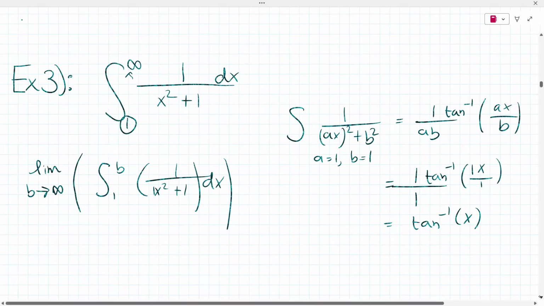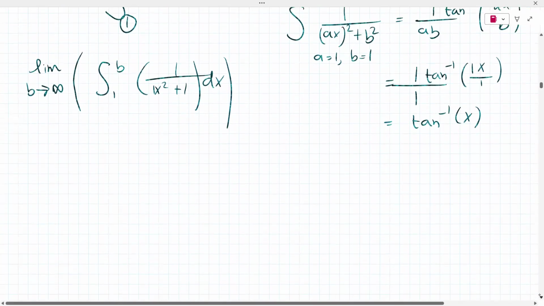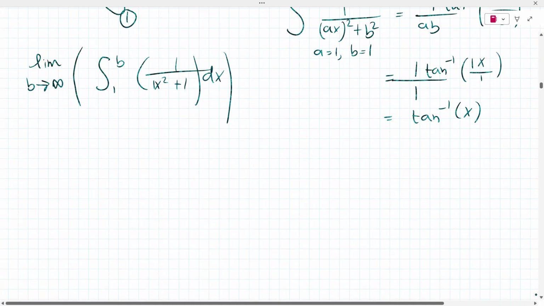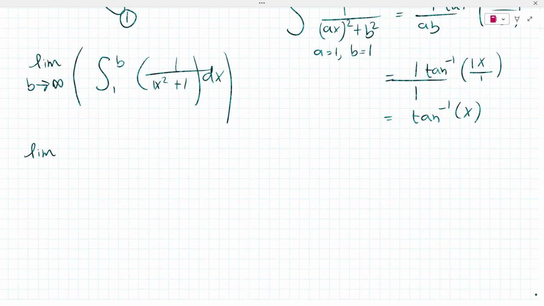Okay, so we need that. So we can rewrite it as the limit as b goes to infinity of tan inverse of x, and then our lower boundary is 1 and our upper boundary is b.